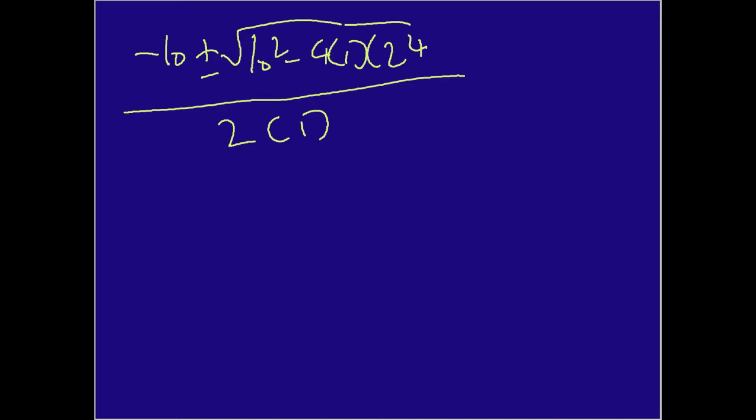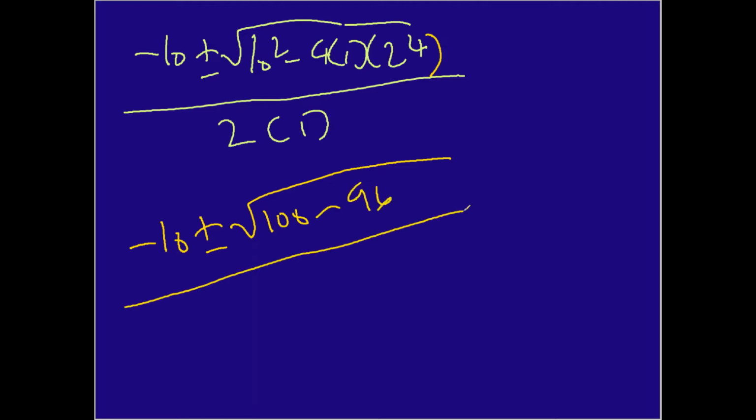I'm going to keep my negative 10 out here for a while. And plus or minus, let's see if we can make this simple. 10 squared is 100. And then minus 4 times 1 is minus 4, times 24, I forgot to close it again, is 96. Minus 96. And then all that is going to be over 2 because 2 times 1 is 2.